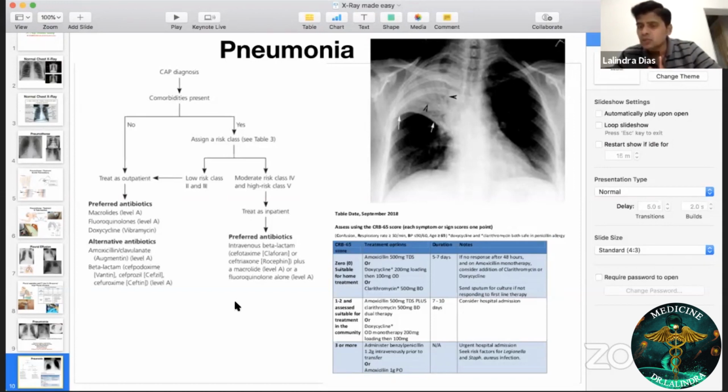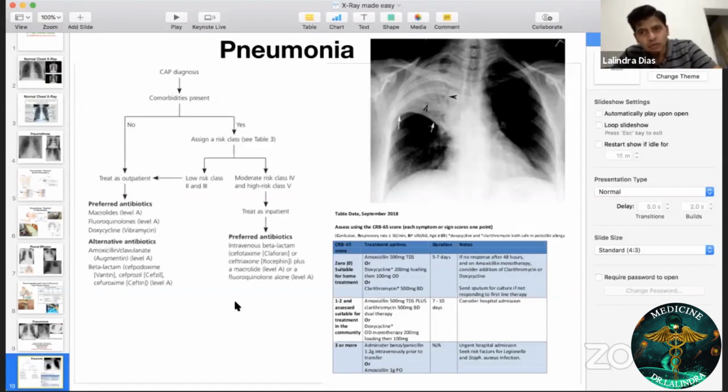If your saturation is low, prognosis is poor. Then you also have to see whether this patient has any acidosis, respiratory acidosis, that is type 2 respiratory failure. Then also your prognosis is going to be poor. So these are the parameters that you have to see when you get a patient with pneumonia. Those are called severity assessment scores.